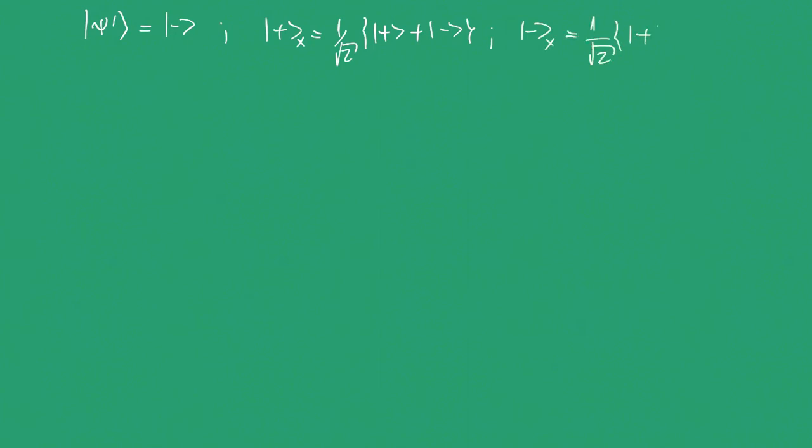The initial quantum state for this case is ket psi prime equals ket minus. We know that the ket plus subscript x is given by 1 over square root of 2 times ket plus plus ket minus, and the ket minus subscript x is 1 over square root of 2 times ket plus minus ket minus.